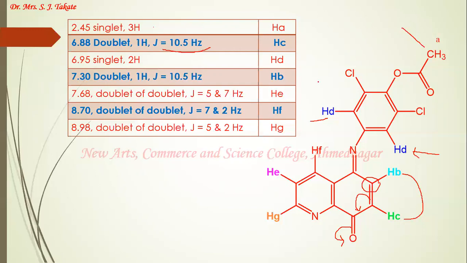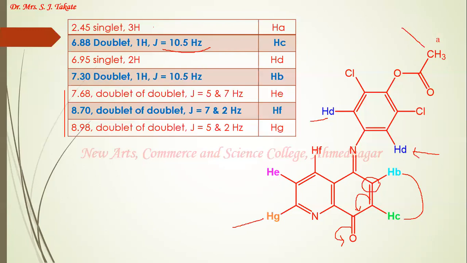Next signals are very important signals: 7.68, 8.70 and 8.98. If you look at this, 8.98 is most de-shielded and 7.68 is shielded. These 3 protons are remaining: Hg, He, Hf. Let us check among these 3 which is the most de-shielded proton.